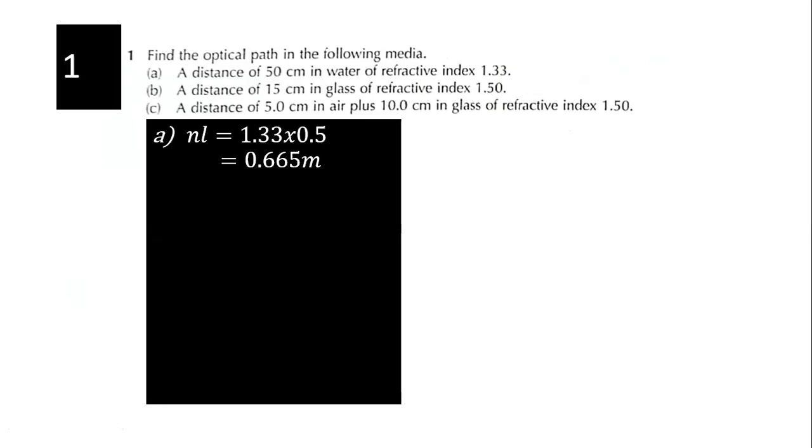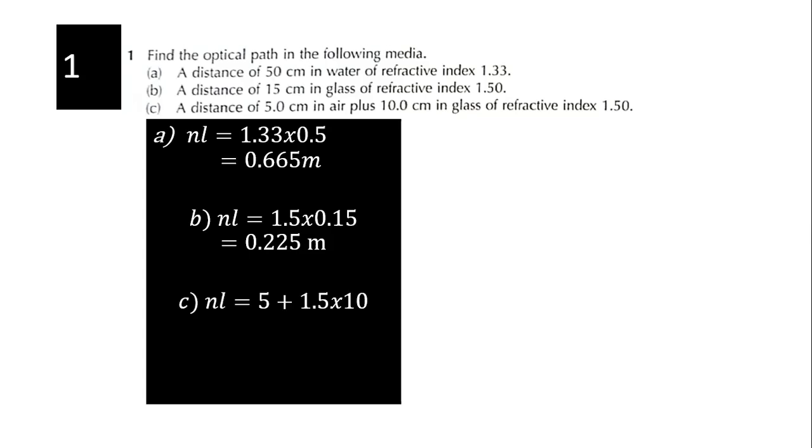B? 0.225 meter. Okay. C? 0.200 meter. Okay, 20 cm or 0.2 meter.